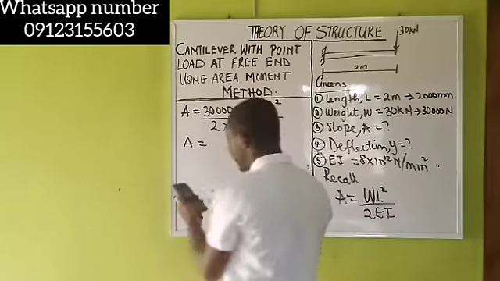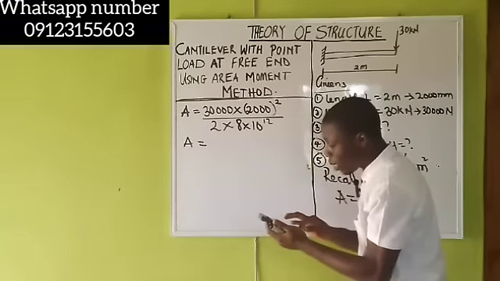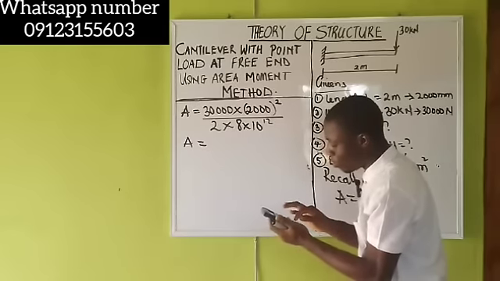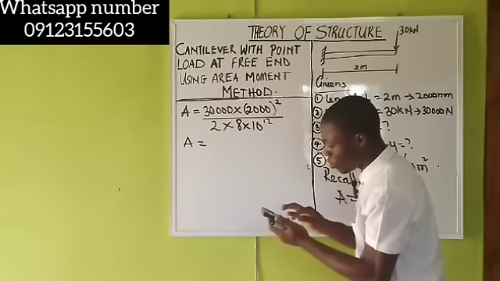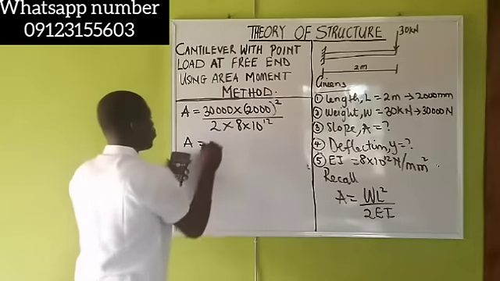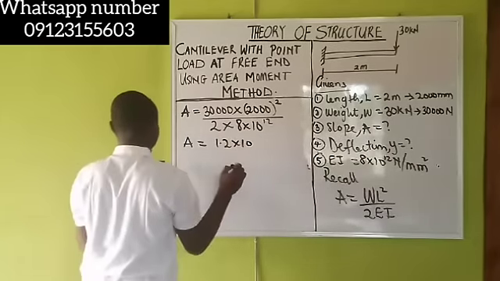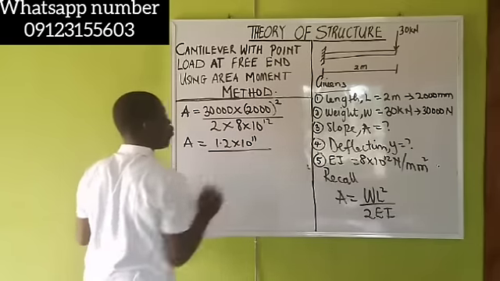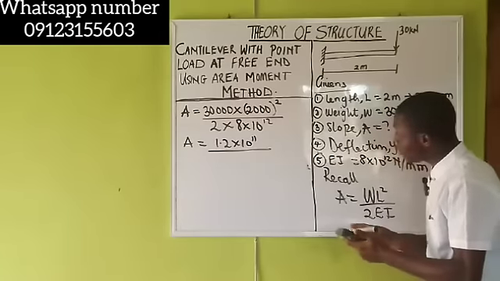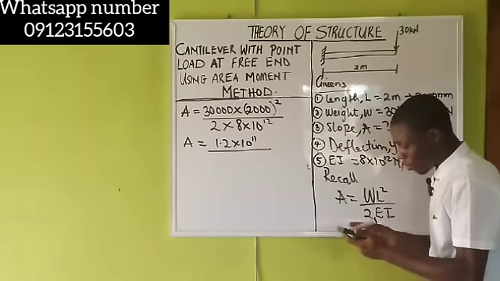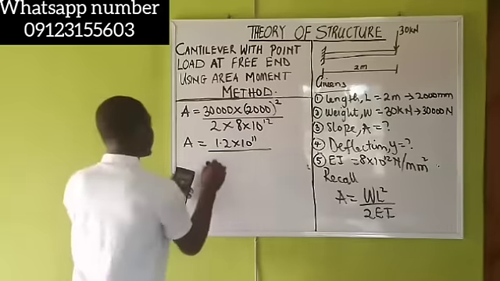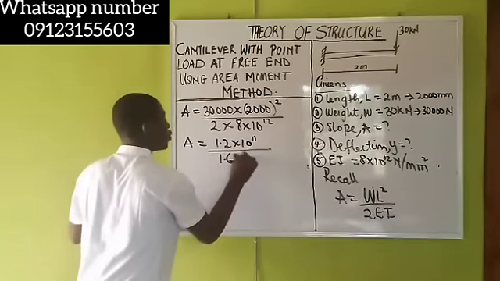30,000 multiplied by 2,000 to the power of 2. I will have 1.2 times 10 to the power 11 over, if I punch this denominator, 8 times 10 to the power 12 multiplied by 2, I have 1.6 times 10 to the power 13.